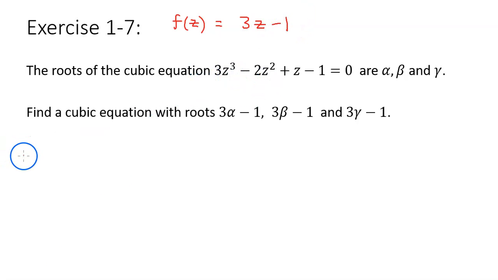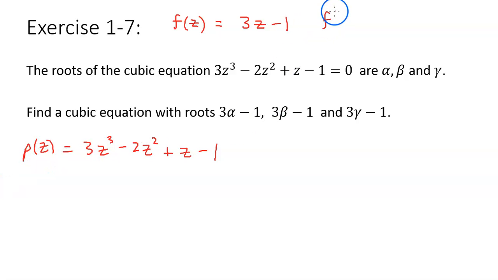We have our polynomial p of z is equal to 3z cubed minus 2z squared plus z minus 1. And f inverse of z is clearly equal to z plus 1 divided by 3.